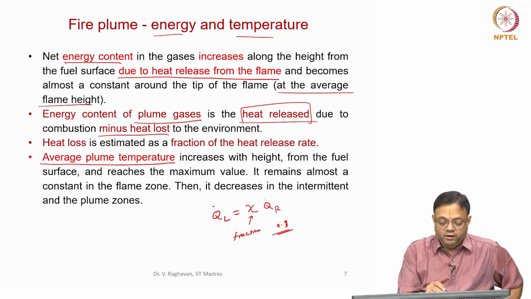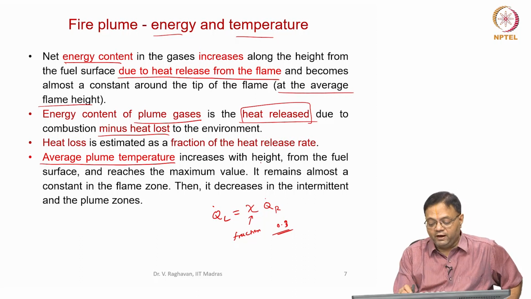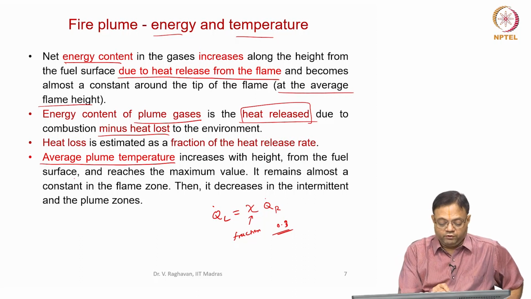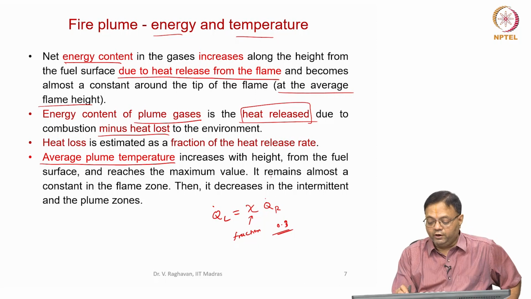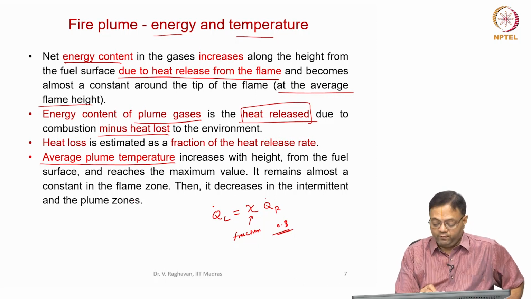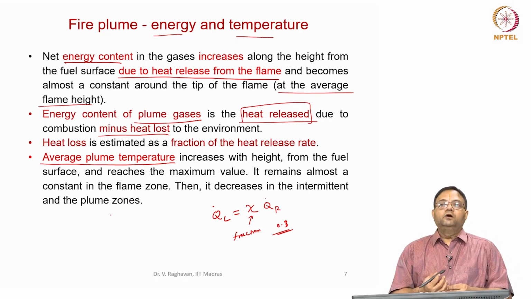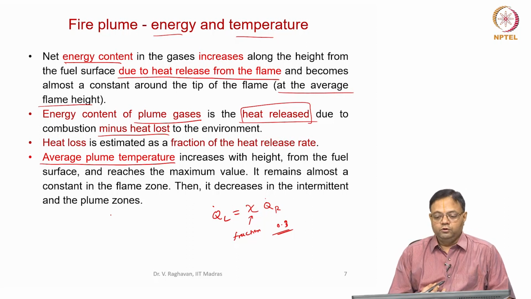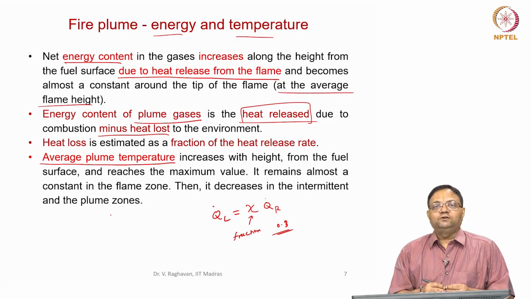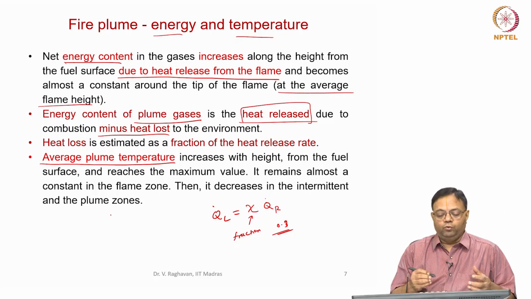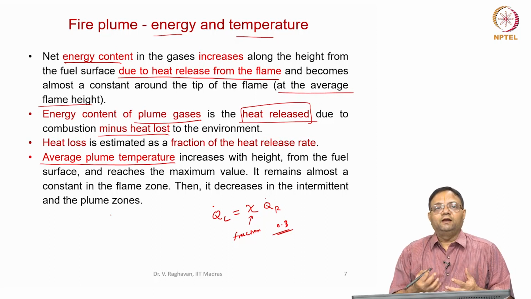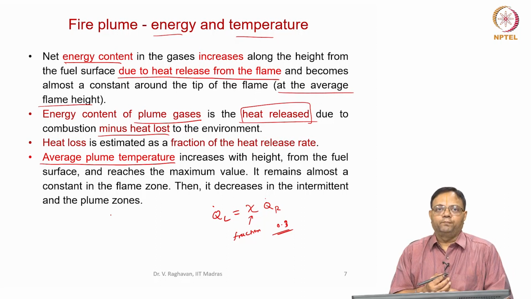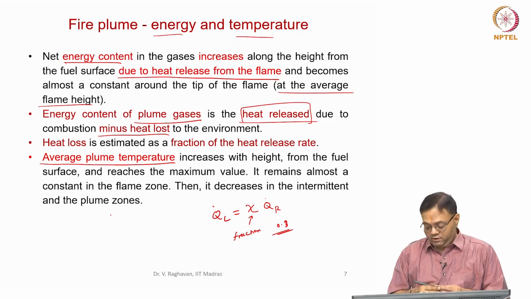That's what I mean: the average plume temperature increases with height from the fuel surface and reaches the maximum value. It remains almost constant in the flame zone, then decreases in the intermittent zone and the plume zones. So, to understand the characteristics of the fire plume, we need to know the axial and radial or lateral variations of temperature and velocities as well as the entrainment of the gases.